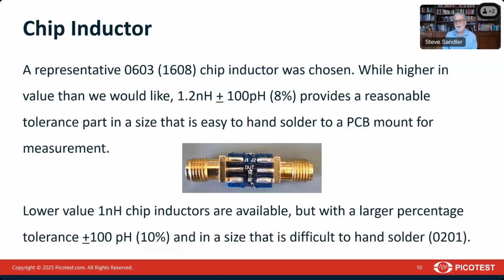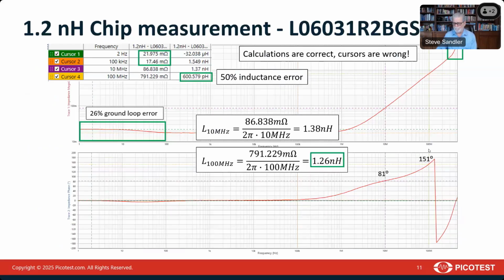We could get 1 nanohenry chip inductors, but those are also plus or minus 100 picohenries, so that would be 10%. So by going to the 1.2 nanohenries, we actually get a better tolerance. We could get even lower inductances and maybe even better accuracy in a smaller size, like a 0201, but it becomes really difficult to hand solder those. And I wanted to keep this pretty simple, so I mounted an 0603 chip.